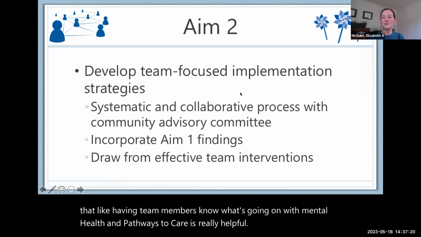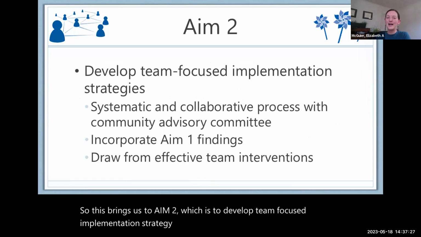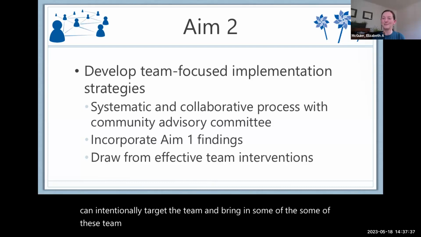So this brings us to aim 2, which is to develop team-focused implementation strategies. And so the idea here is that maybe if we can intentionally target the team and bring in some of these team aspects of teamwork that I talked about earlier, maybe we can strengthen the implementation process.